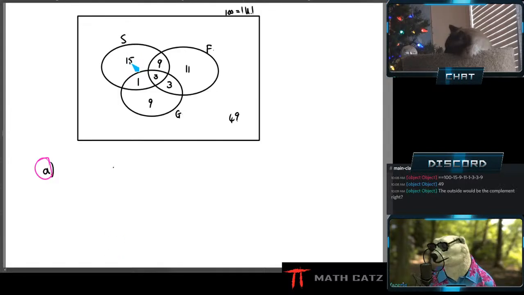So not the 15, because those are the people that are only taking Spanish. Yes, the 49 is the complement of the union of all of this, but visualizing it is much easier than writing it in terms of the sets. There's no need for that puzzle solving aspect. One or more will be these guys.